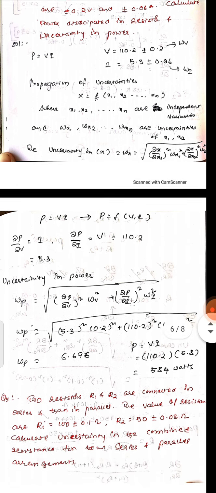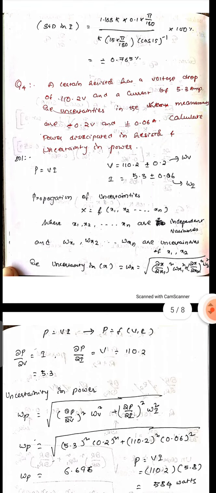Today the fifth problem is the same, but here he is asking about connection in series and parallel. You do it the same way, you observe it, and you will definitely get the idea. Today in class we studied uncertainty in the error, probable error, standard error in the standard deviation, limiting error, and error.